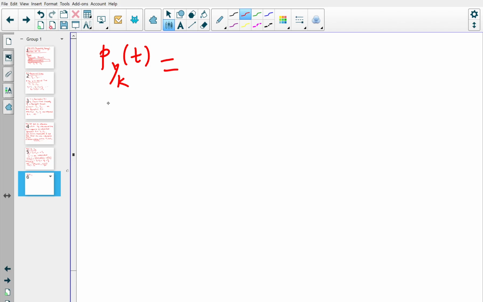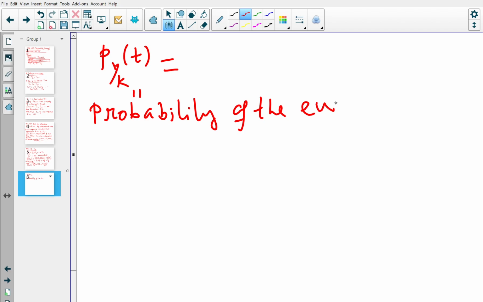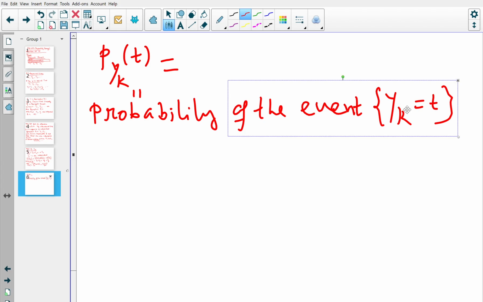This is the probability of the event Yk equal to t. So exactly the kth success will come at time t, in that discrete time t.